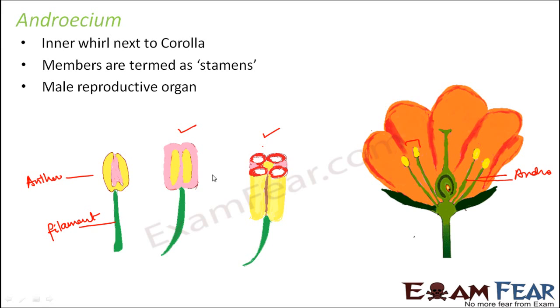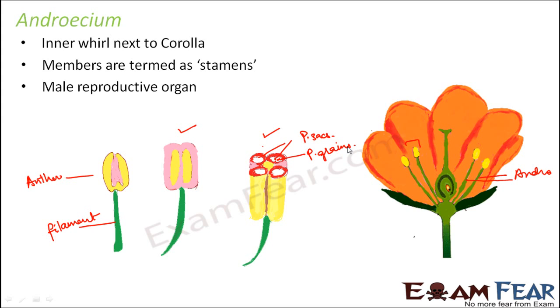If you look from the back side, you see that inside the anther you have these pollen sacs. In the cross section you see some sac-like, container-type structures. There are four pollen sacs present here, and inside these pollen sacs are the pollen grains, and pollen grains are nothing but the male gametes or the male sex cells.